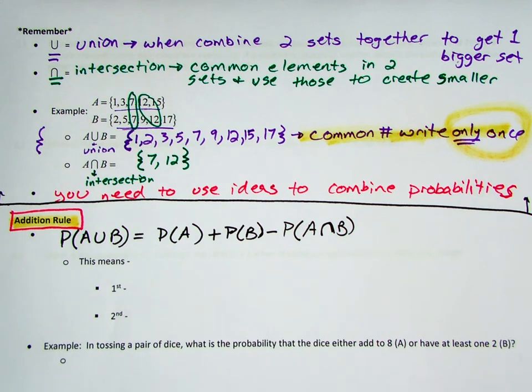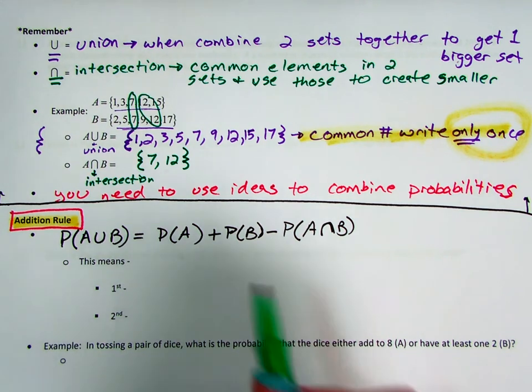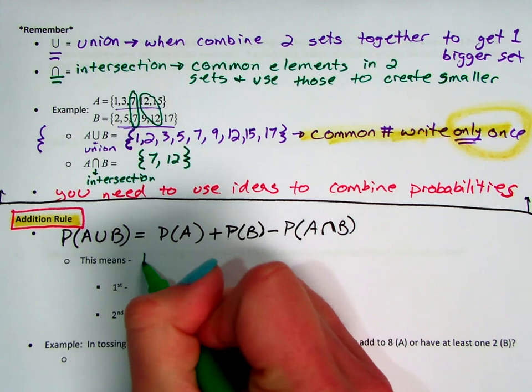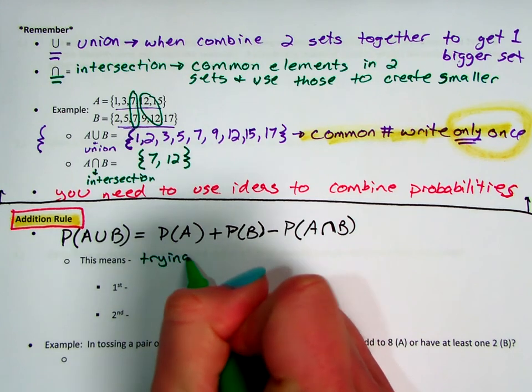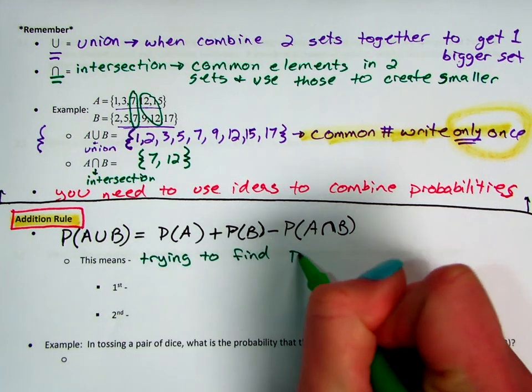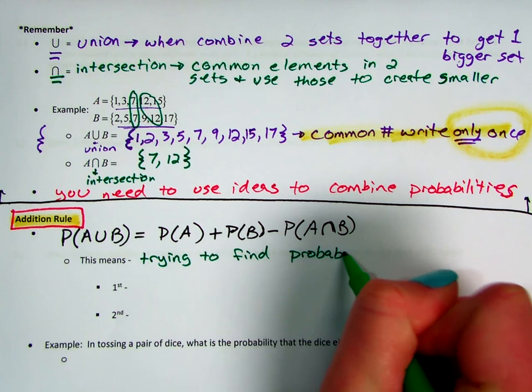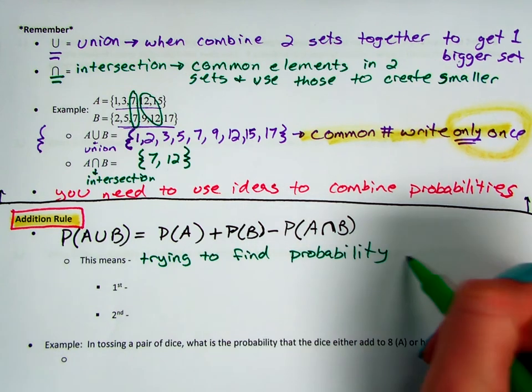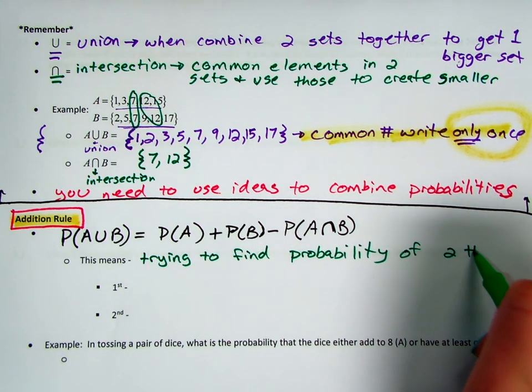So what this truly means, if we're breaking this down, is that we are trying to find the probability of two things occurring.